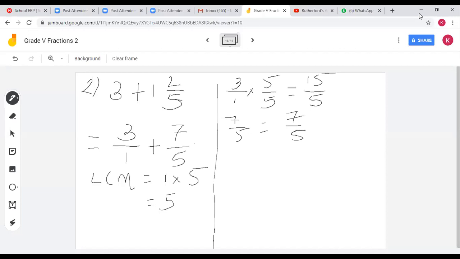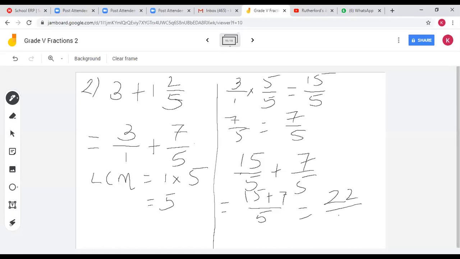How do we add this? Very simple. Now they are both like fractions, so 15 upon 5 plus 7 upon 5, which is 15 plus 7, which is 22 upon 5.